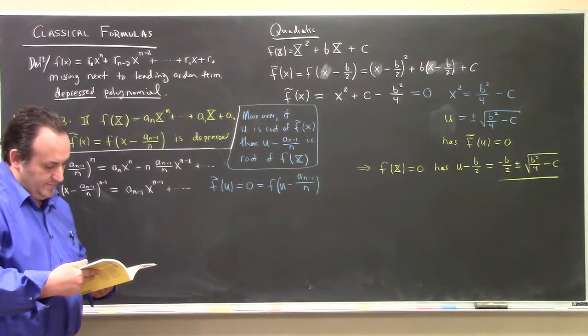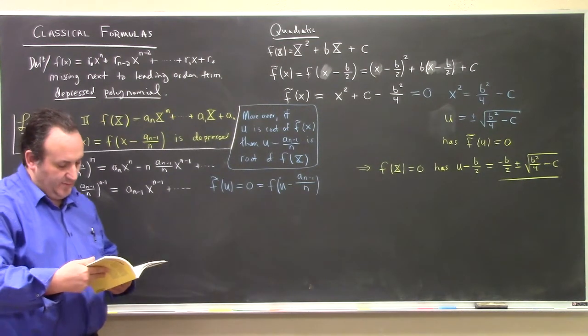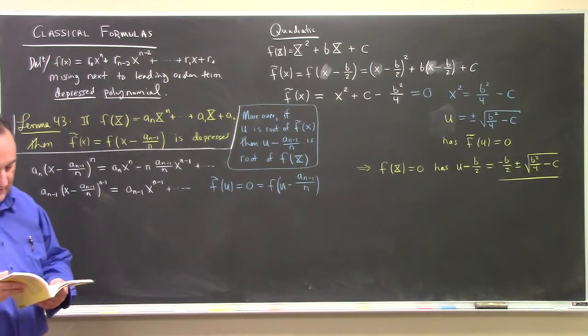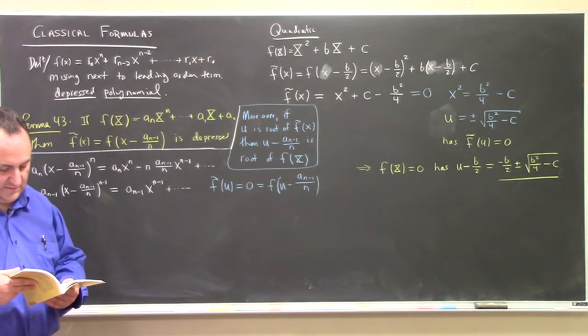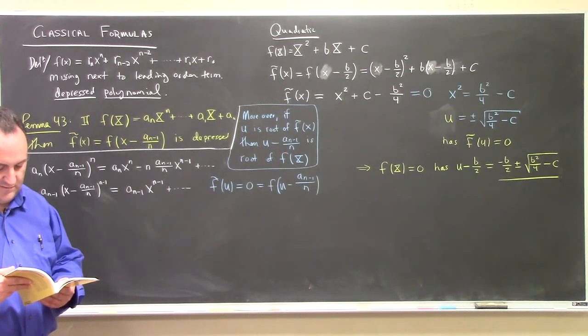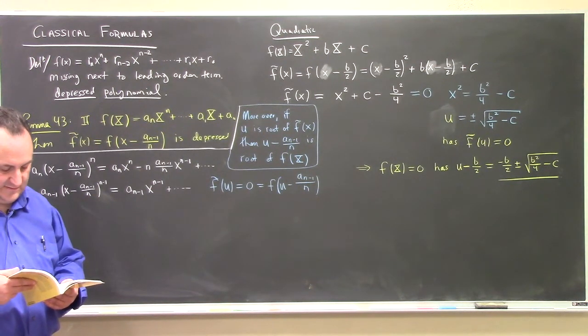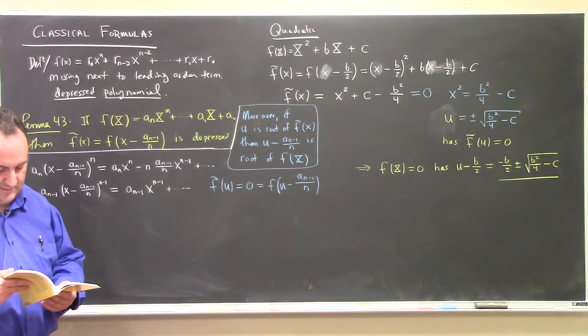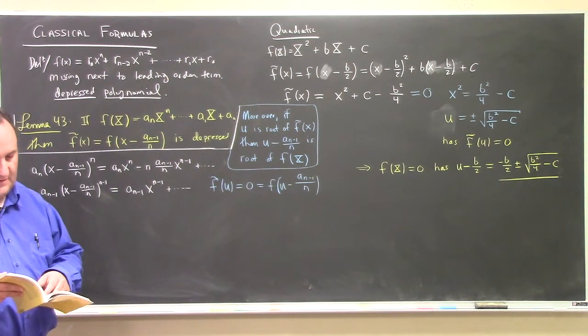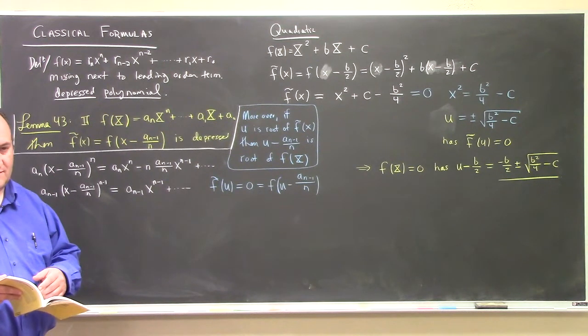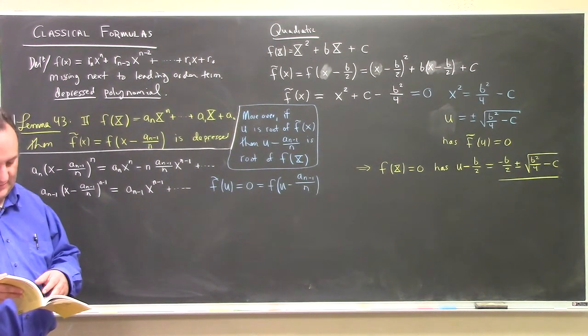Okay. Next up, he says, before discussing formulas for the roots of a polynomial f of x of higher degree, we should say that if f of x is a polynomial with coefficients in the integers, we should first use exercise 63 to see if it has any rational roots, whatever this exercise 63 is. You'd have to ask my abstract algebra class of like 2017.